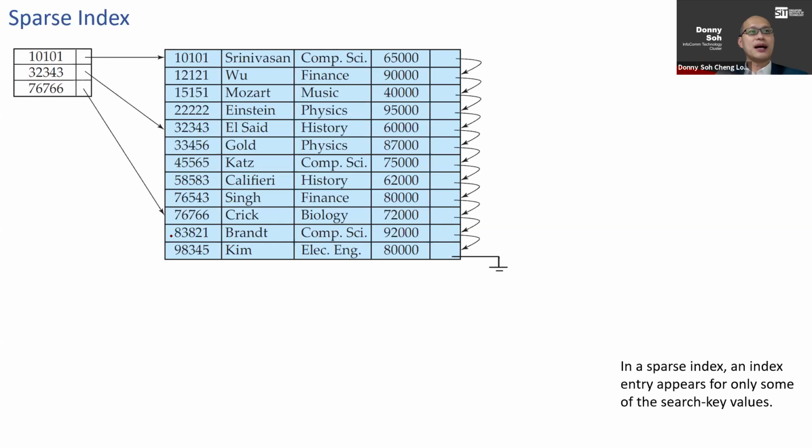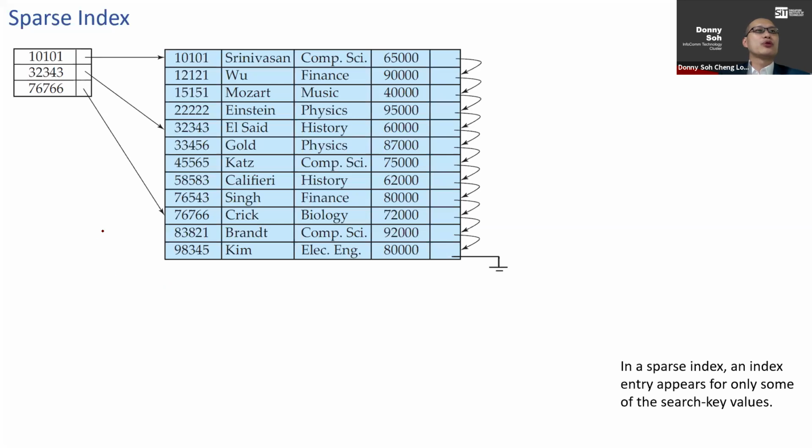On the sparse index, it can only be done on a primary index because you need the sequential order of your records in order to do the search. And also the index then becomes useless.